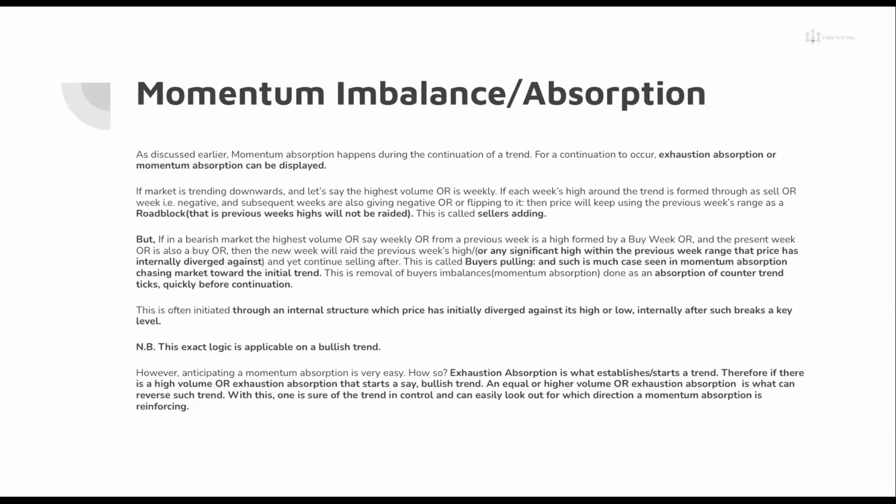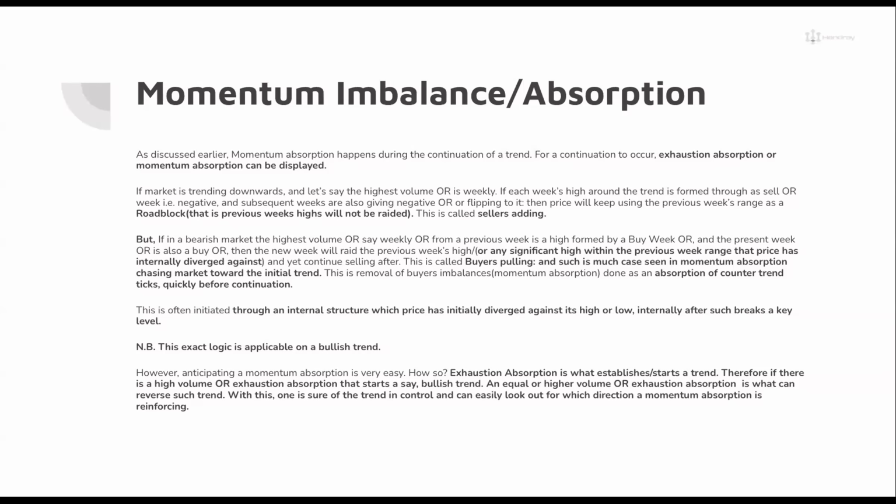But if in a bearish market, the highest volume OR, say weekly OR from a previous week, is a high formed by a buy weekly opening range, and the present week opening range is also a buy opening range, then the new week will raid the previous week's high or any significant high within the previous week range that price has internally diverged against and yet continue selling after.